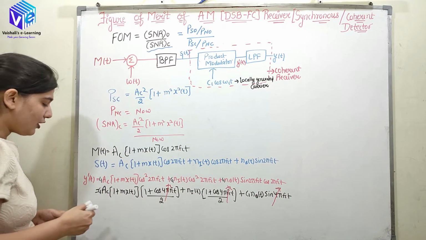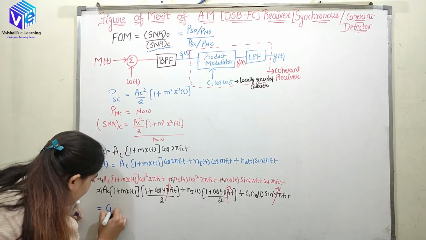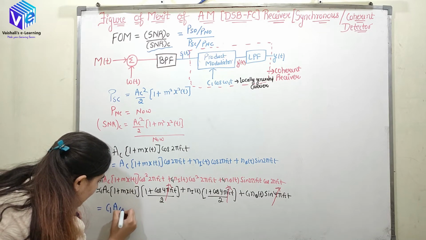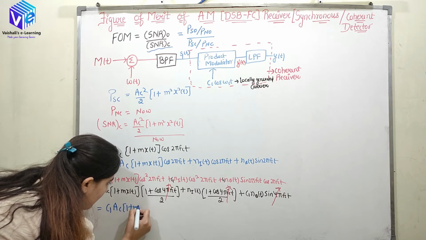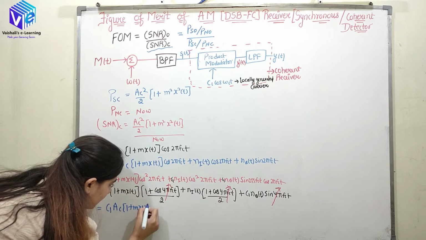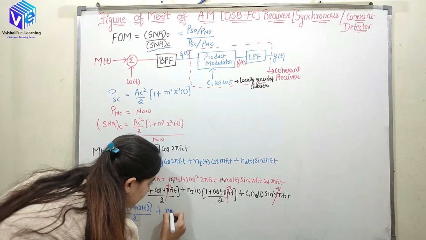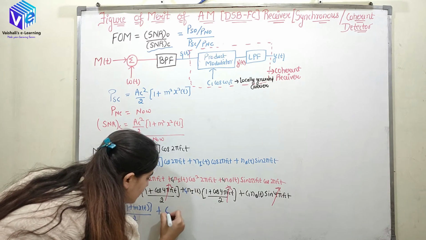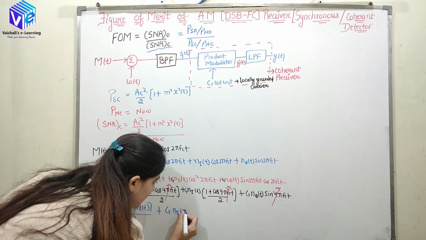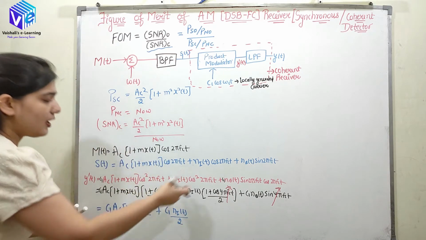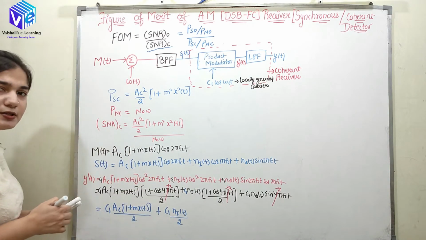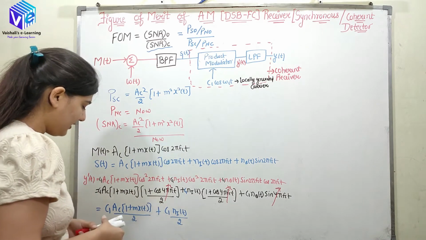So let's see what I am left with. Here we have c1 Ac[1 + m(x(t))]/2 plus c1 n_I(t)/2. All of the other terms will not pass through the low pass filter.